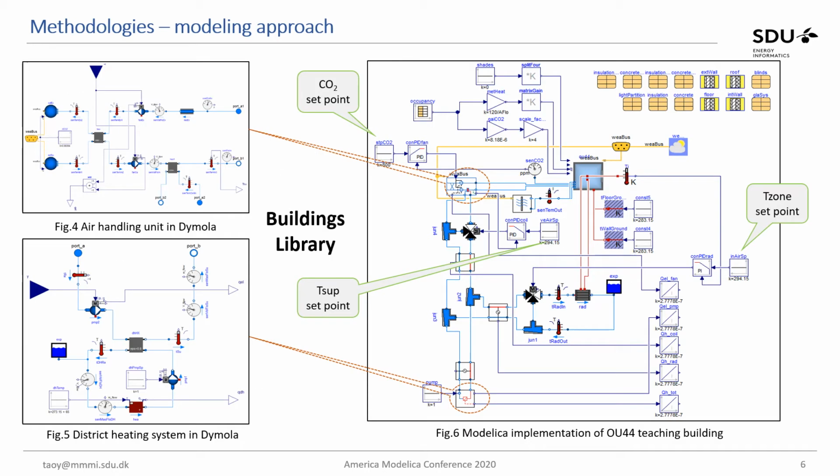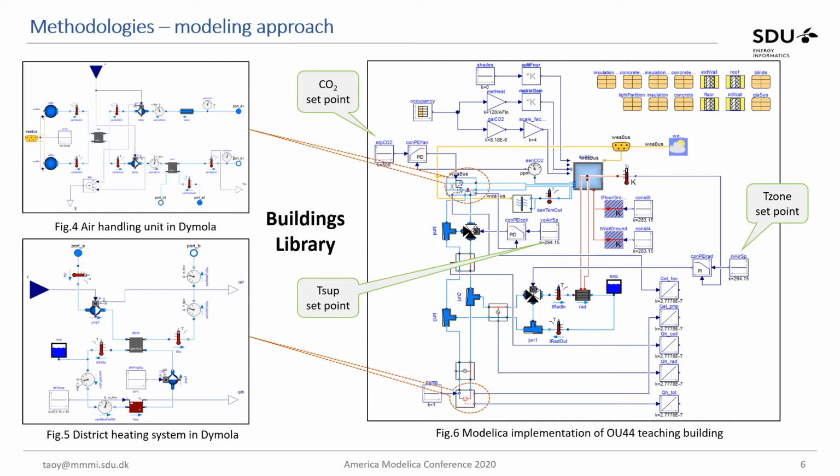This is a model that we developed eventually in one single room showed here, and this is a room, this is occupancy, this is a ventilation unit, which is showed in detail here, and this is a district heating network showed here. Generally, we have 3 controllers. One controls the CO2 level of the room to a specific level, and the second one is trying to control the supply air temperature in the ventilation unit.